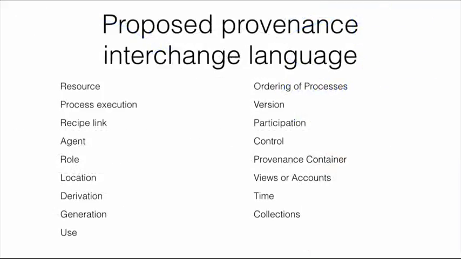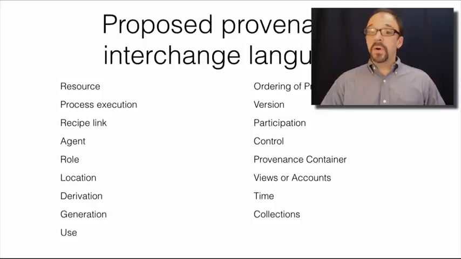Along comes the provenance interchange language, which you will hopefully remember from a previous unit, created by the W3C's Provenance Incubator Group and the other provenance metadata schemas that are under development out there in the world. What if we have some metadata about the metadata record about the Mona Lisa?